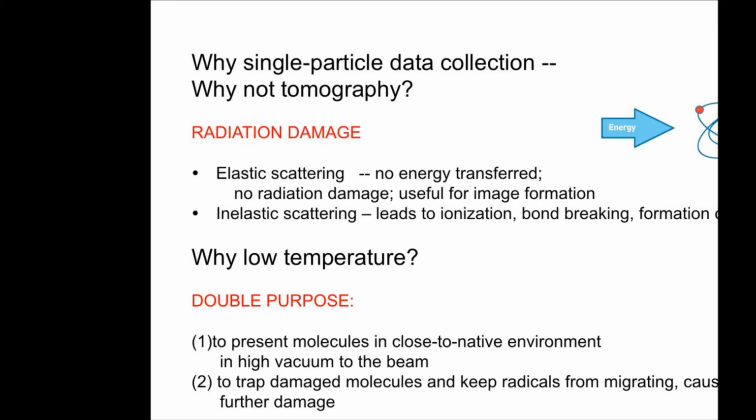Here's the direct beam, and the electrons that are scattered over a low angle produce low resolution. The ones over high angle, high resolution. So for a given scattering geometry, we can already put a reciprocal scale here. Here's the high resolution, here's the low resolution.